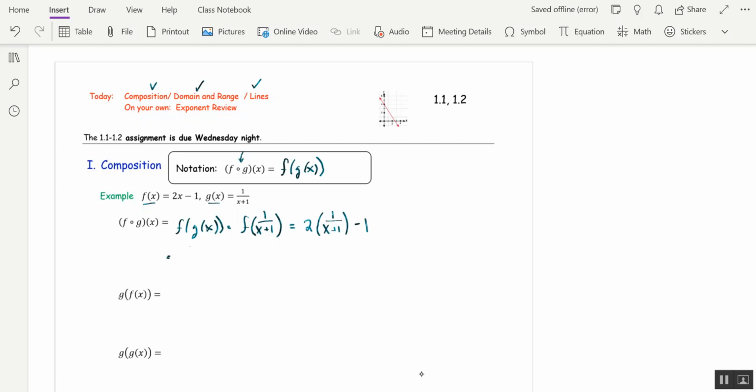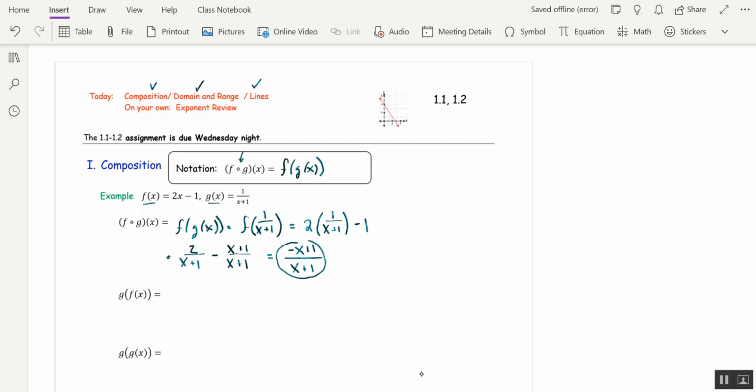Okay, well, that's 2 over x plus 1 minus 1, but I'm going to write 1 as x plus 1 over x plus 1, so I have a common denominator and I can combine fractions. So I'll get negative x on the top, and then 2 minus 1 is plus 1, and then on the bottom I have x plus 1, and that's fully reduced.